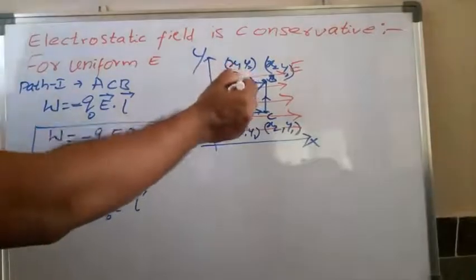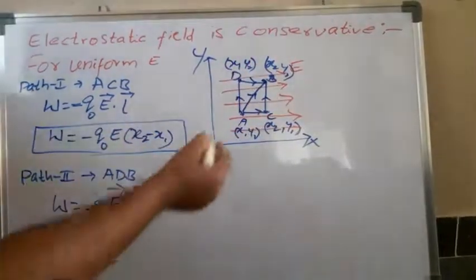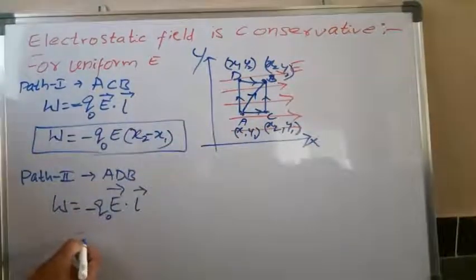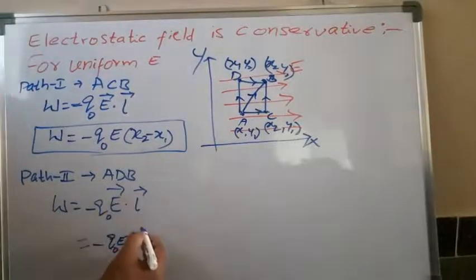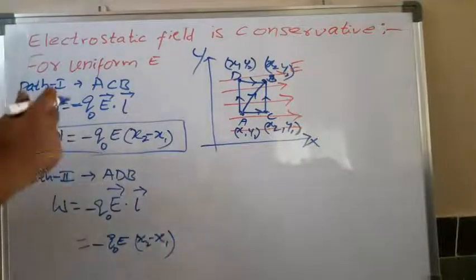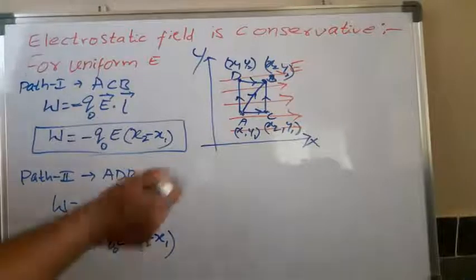So again this one becomes 0 and the work to move the charge from D to B, that is x1 y2 to x2 y2, again we get minus Q naught E times x2 minus x1. In both these cases, we found the work done is the same.